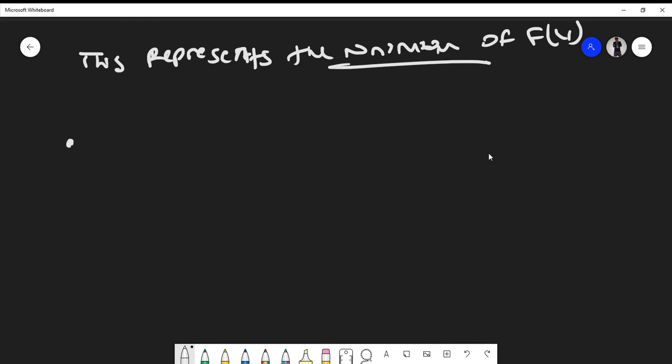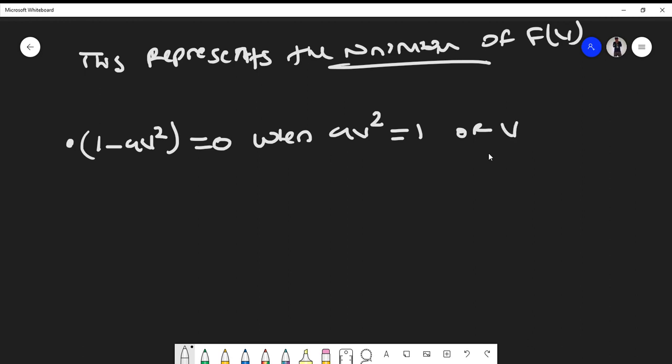Now, we also should make note of something else. 1 minus av squared is equal to 0 when av squared is equal to 1, or in other words, v squared is equal to 1 over a.